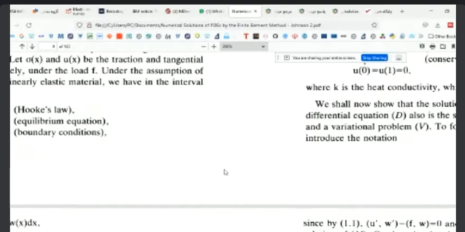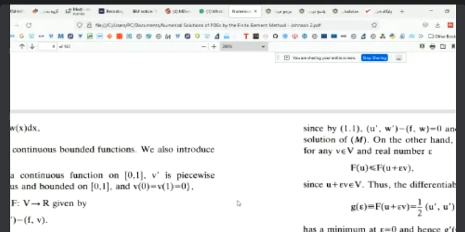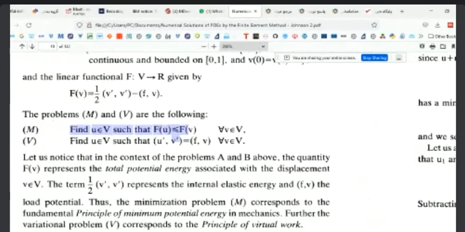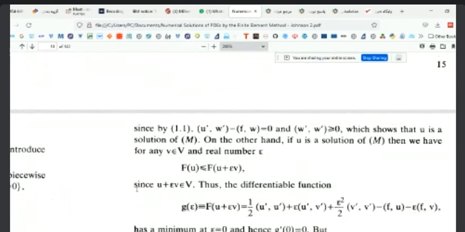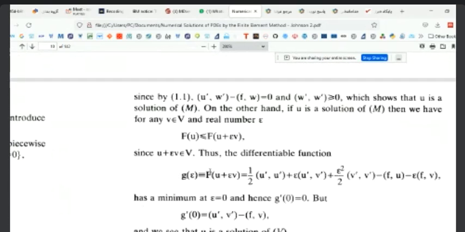Because of the definition of u here: M finds u such that F of u is less than or equal to F of v. So we have shown that u is a solution of M.